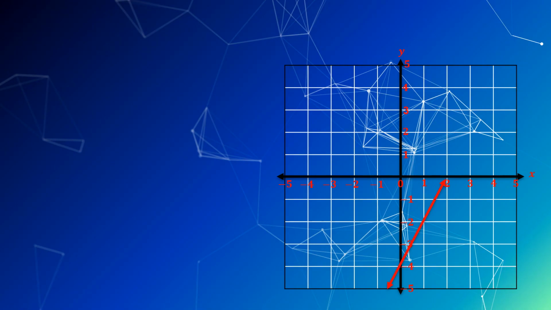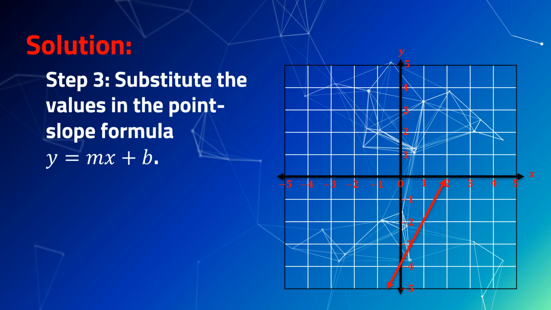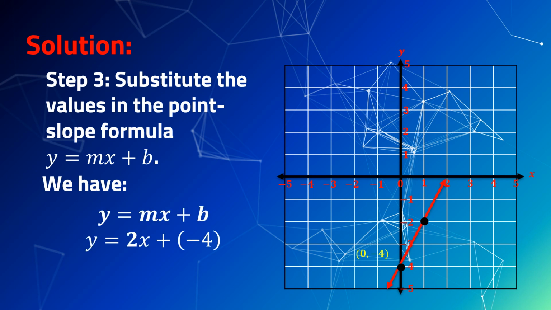In this case, we're going to use a different formula compared to the two examples that I have presented. The formula we're going to use here is the slope-intercept formula, and that is y is equal to mx plus b. This time, we're just going to substitute the values, the slope and the y-intercept. Since the value of the slope is 2, then the value of b is -4.